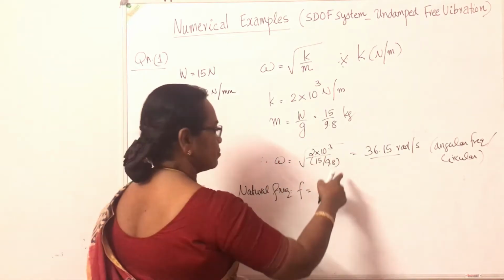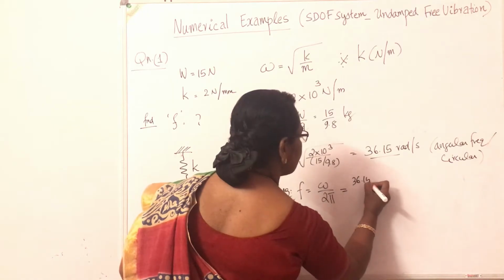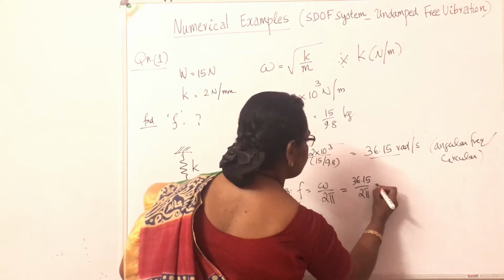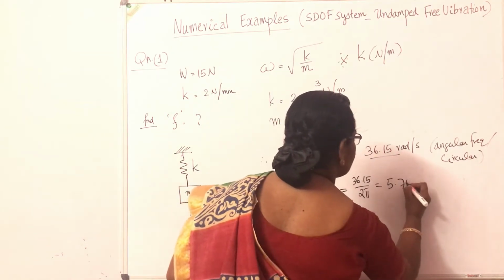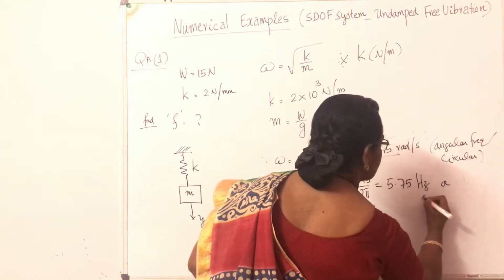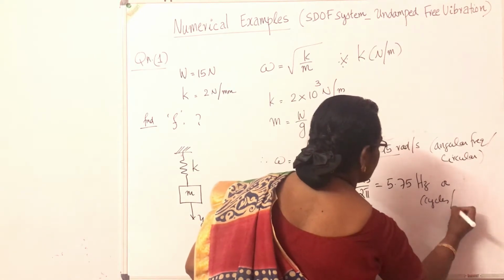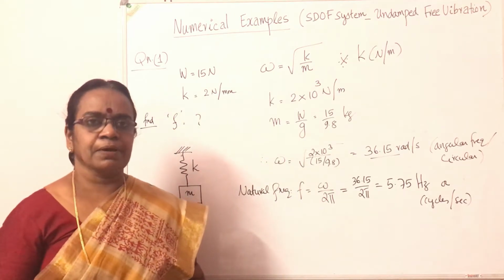So omega radians will be omega by 2 pi. You will get 36.15 divided by 2 pi, which is 5.75 hertz, or cycles per second. It's a simple example.